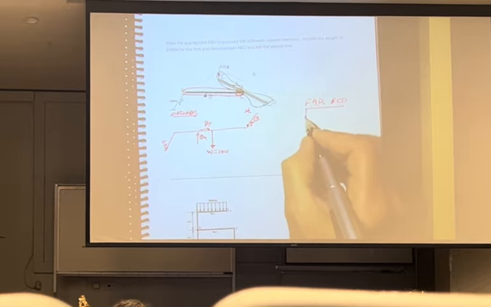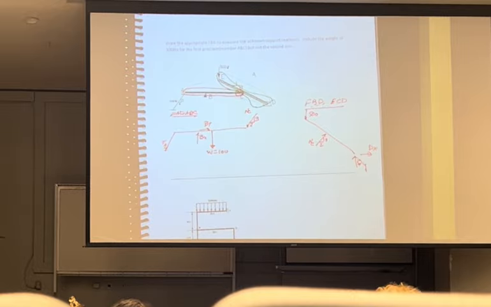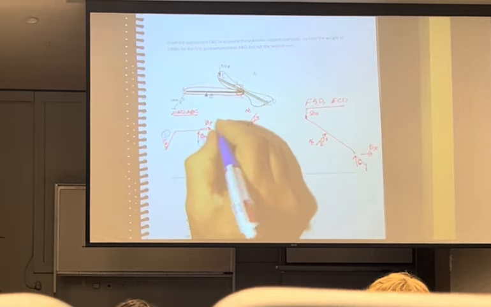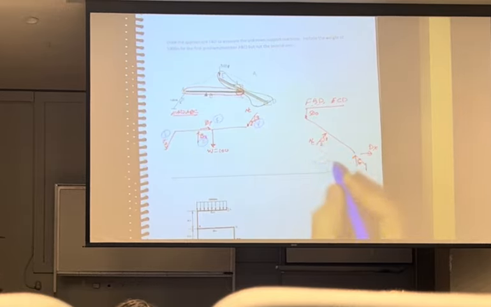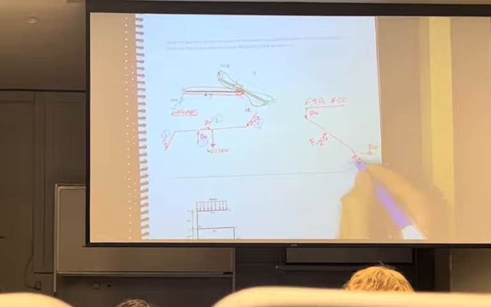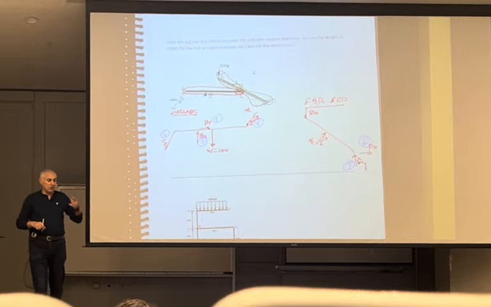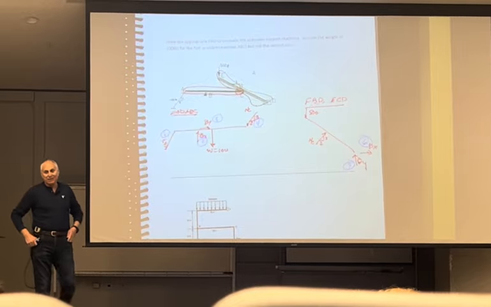And I'll have a single force, 500 pounds. Now, count the unknowns. 1, 2, 3, 4, 5, 6. There are 6 unknowns, but I also have 6 equations, 3 per free body diagram. That's awesome.